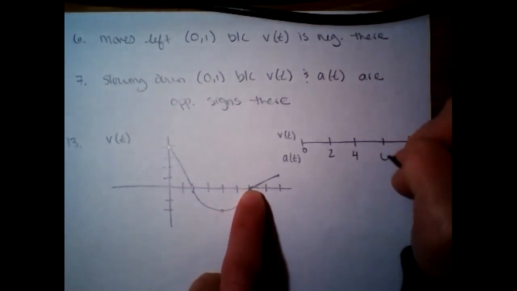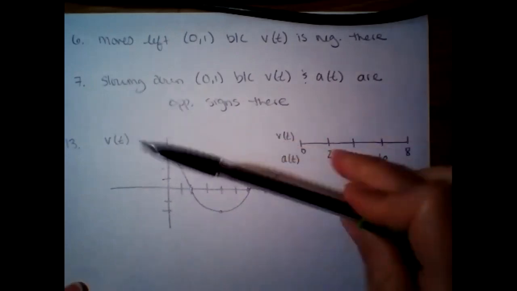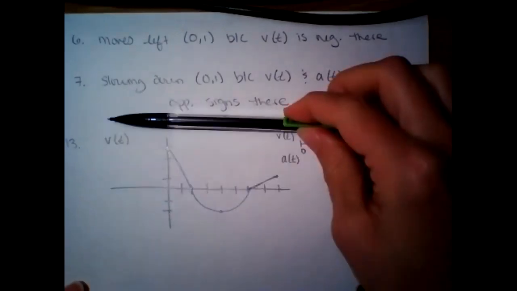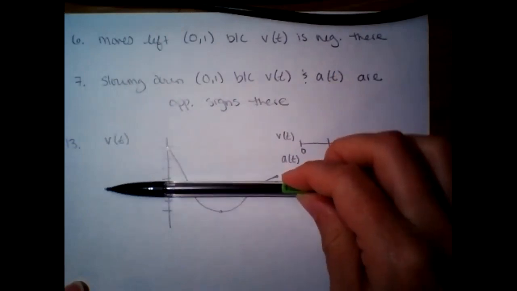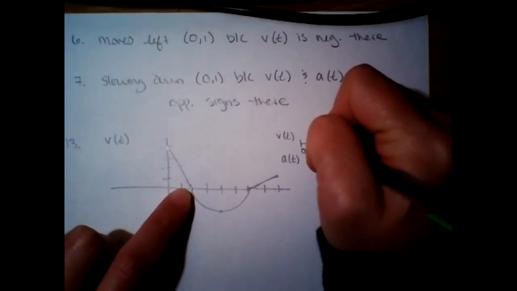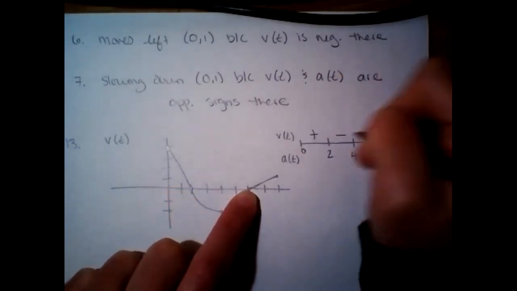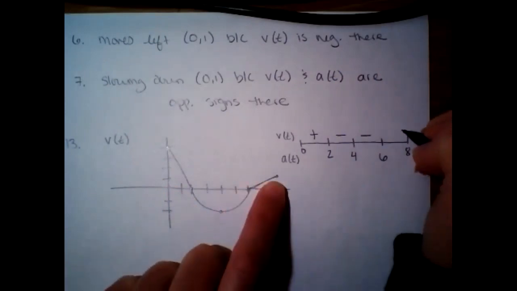So basically all the even numbers here. And when I'm putting in the signs, this is the velocity graph. So velocity is positive when this is above the x-axis, negative when it's below. So you have positive from 0 to 2, negative from 2 to 6, and then positive from 6 to 8.